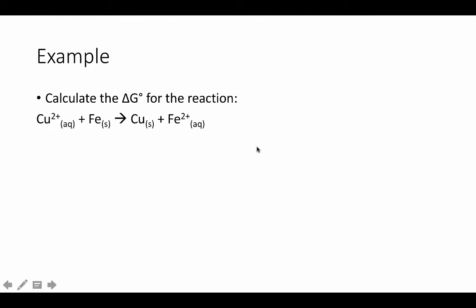So, in an example, how do you calculate the delta G for this reaction? The first thing we need to look at is what delta G is equal to. It equals negative nFE, which means we need to find the voltage before we can do that.